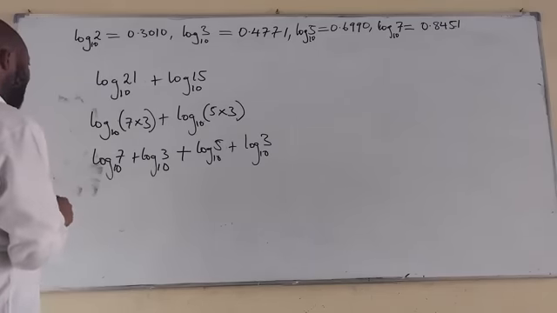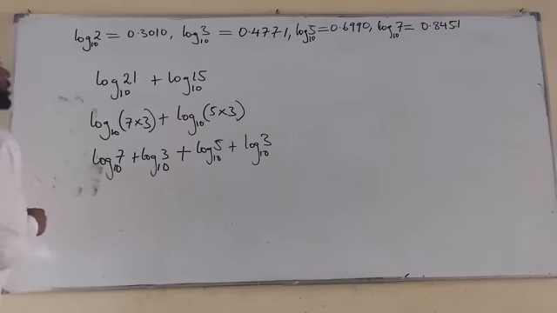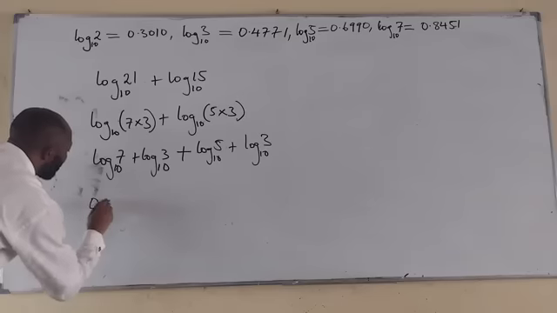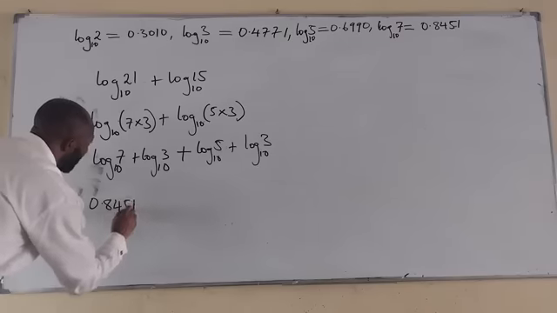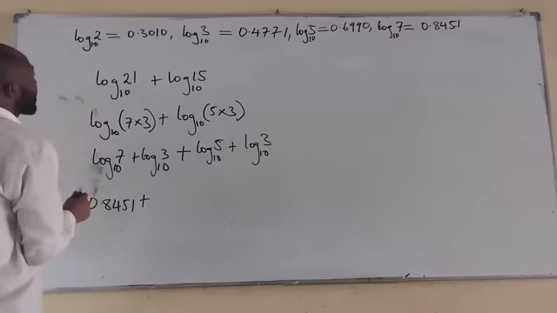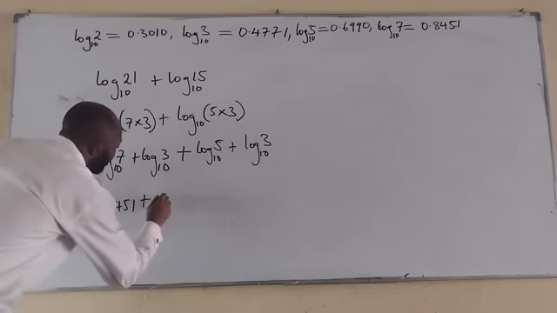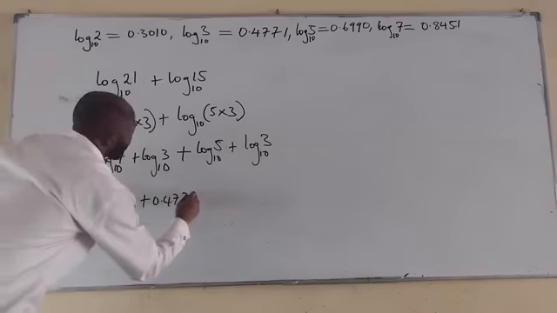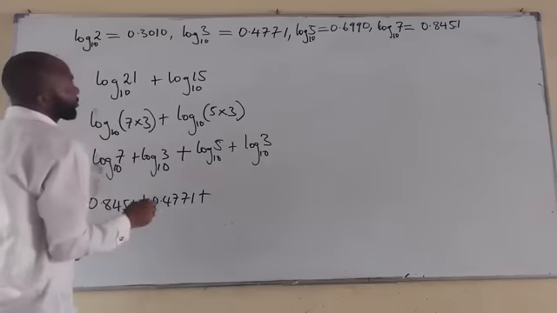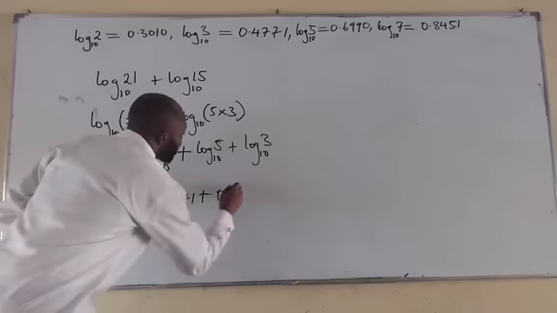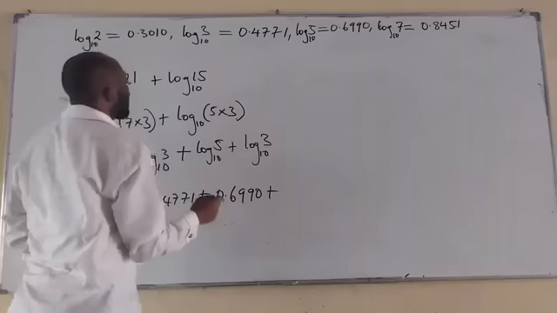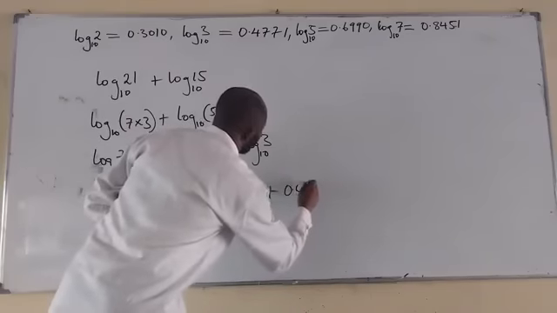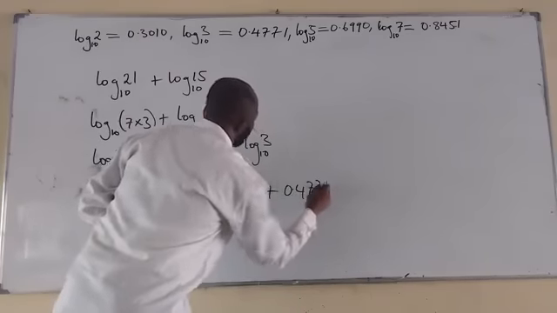Log 7 is 0.8451 plus log 3, 0.4771, plus log 5, 0.6990, plus log 3, which is 0.4771.